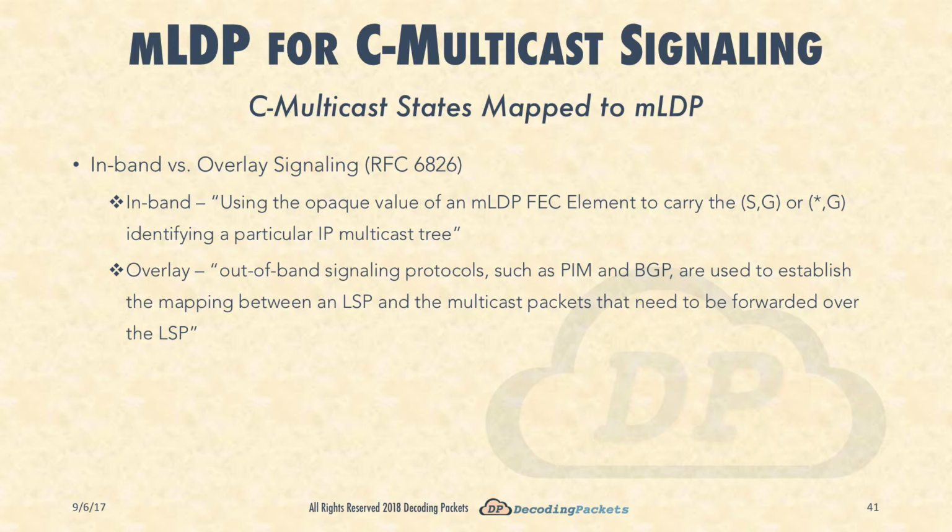Considering this, how can we get our IP multicast packets, the C-multicast packets that we have to switch, to use these multipoint LSPs? The process formally is called mapping. And how we have done that, for example, in profile 1 that we covered, or MDT-mLDP, was in two separate but distinct ways.